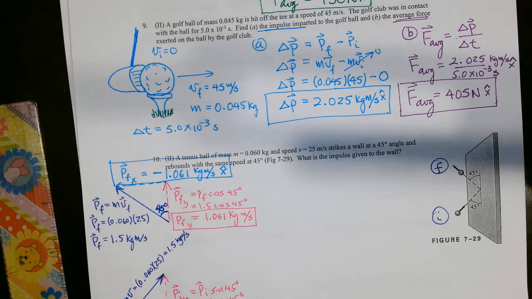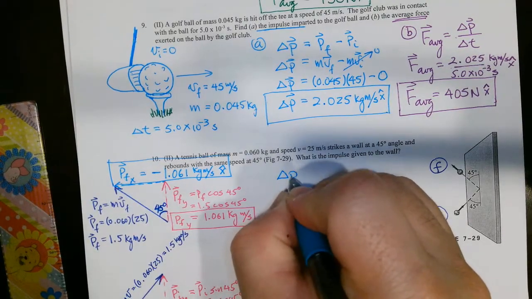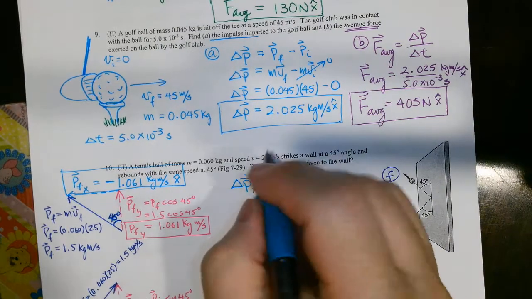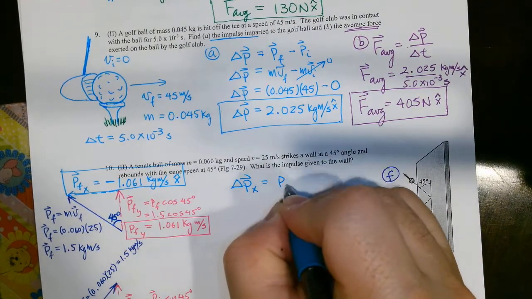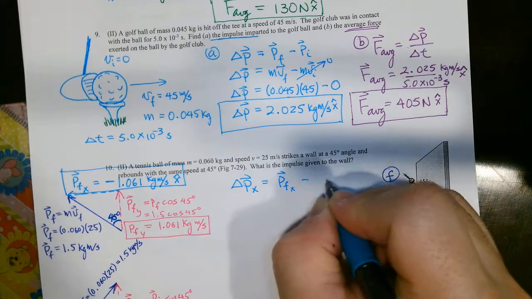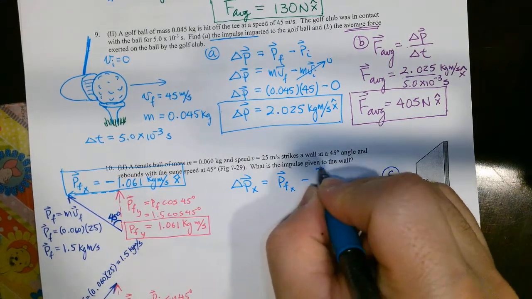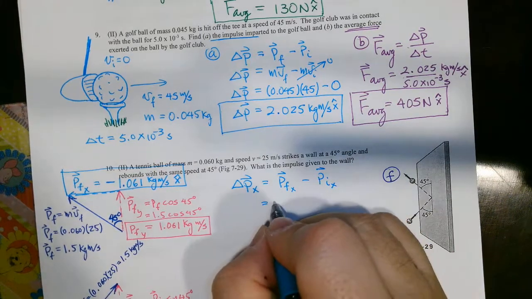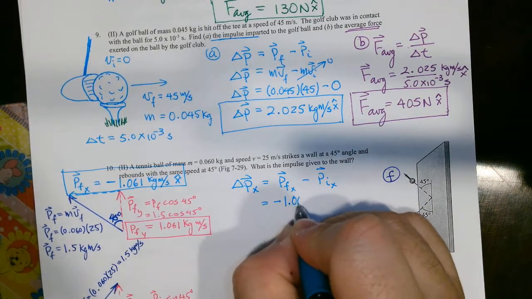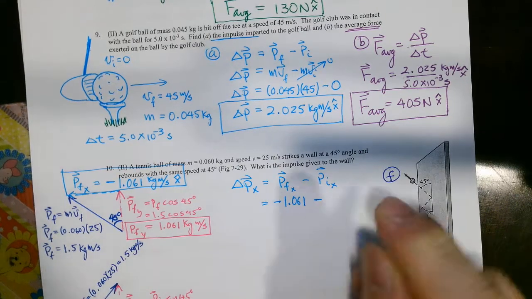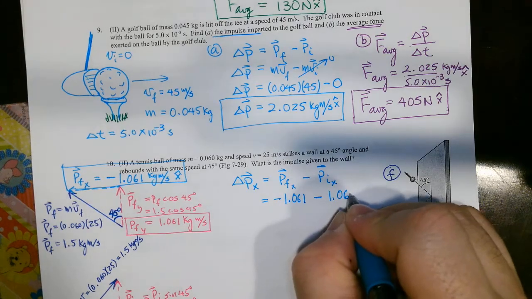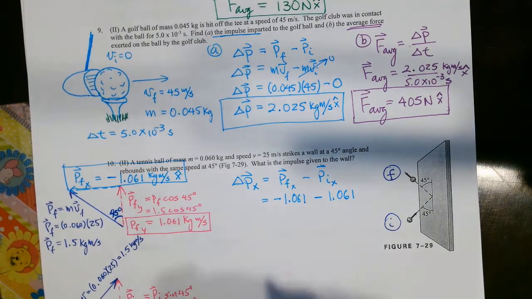So let's take a look at the change in momentum for the x direction. Change in momentum for the x direction is equal to momentum final in the x direction minus the momentum initial in the x direction. Since my momentum final in the x direction is negative 1.061 minus positive 1.061, right?